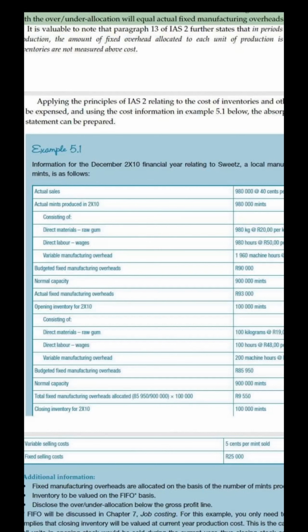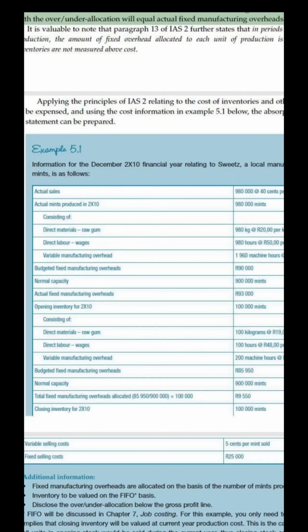So indirect costs can also be separated based on whether they are variable or not variable, in other words fixed. Most of these questions are going to be separated in those terms, especially when we're dealing with financial statements like this, variable and fixed.